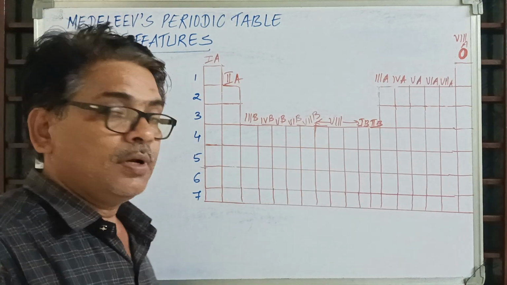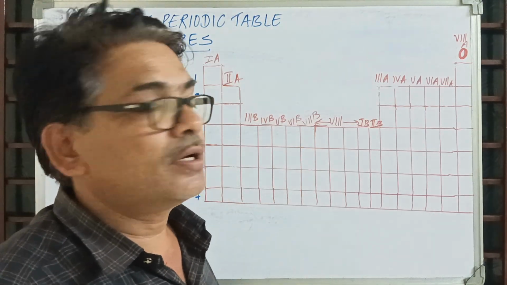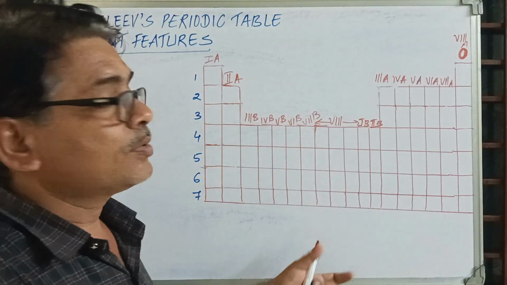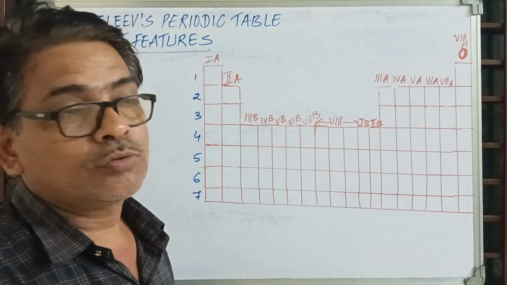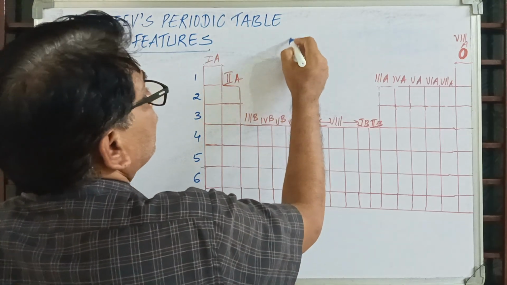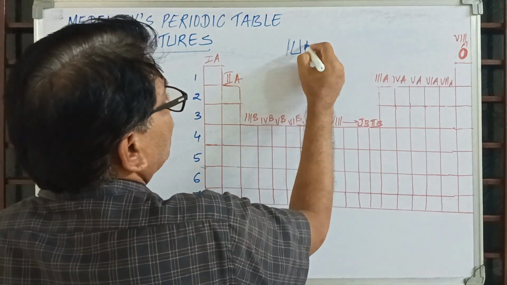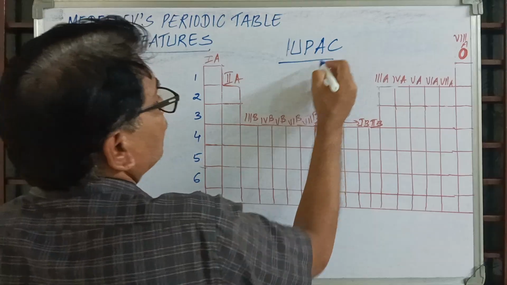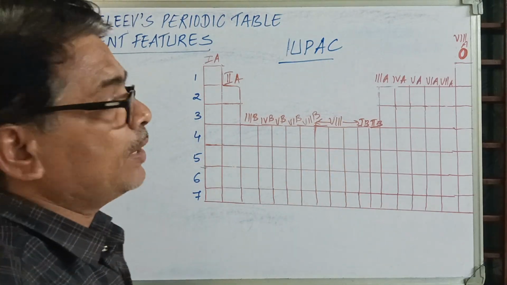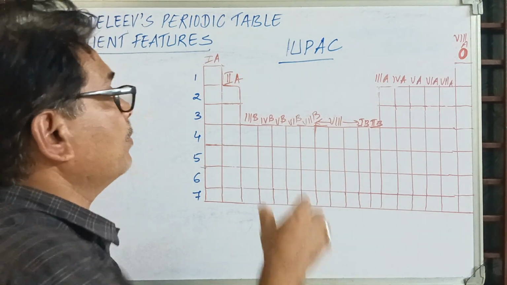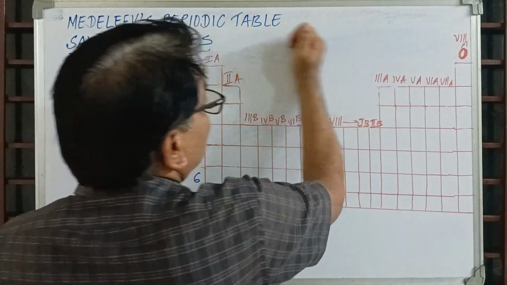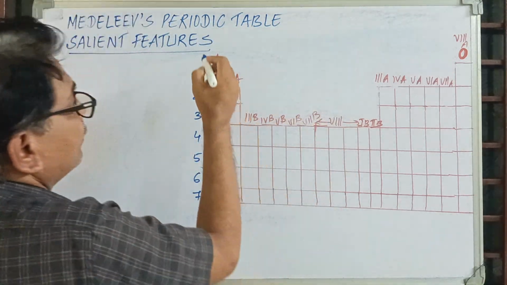But people nowadays are having doubts, isn't it? There are 18 columns, but we are calling them 16. So recently IUPAC, the International Union of Pure and Applied Chemistry, an organization which maintains chemistry throughout the world, has given numbering like this.